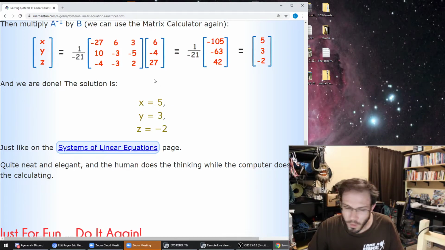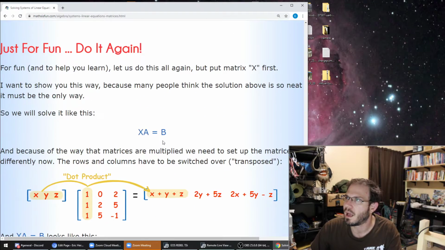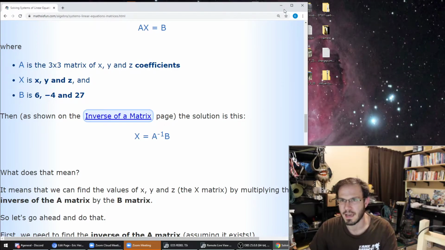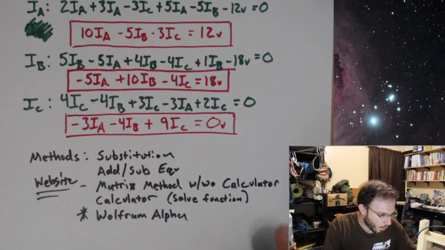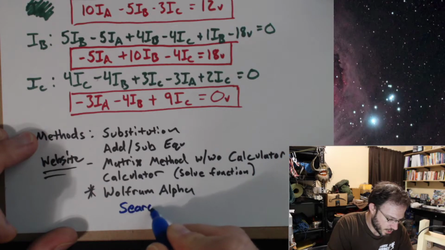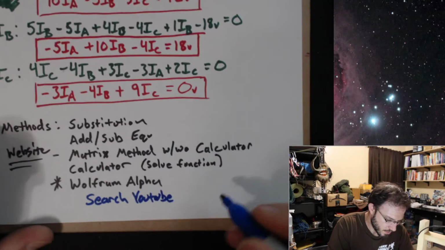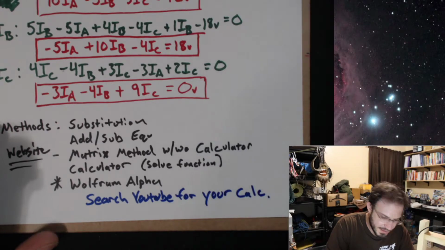Okay, so let's go ahead and get back to our specific problem. I just point out these resources, and depending on what calculator you have, I guarantee you there is a YouTube video that exists for your specific calculator. So you can always search YouTube for your calculator.